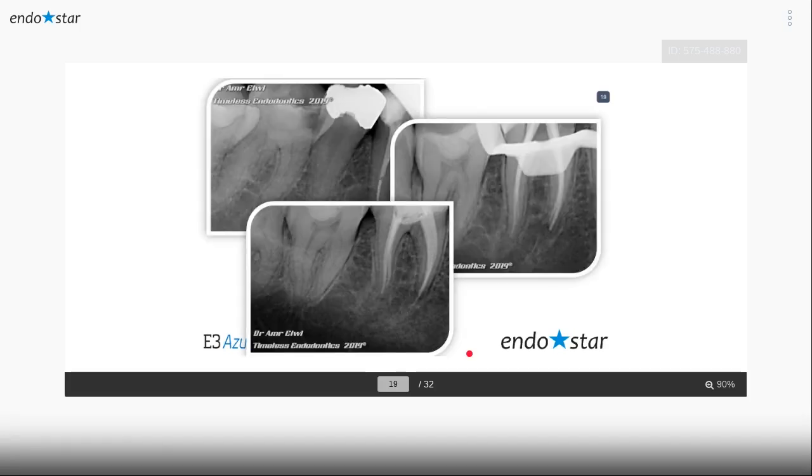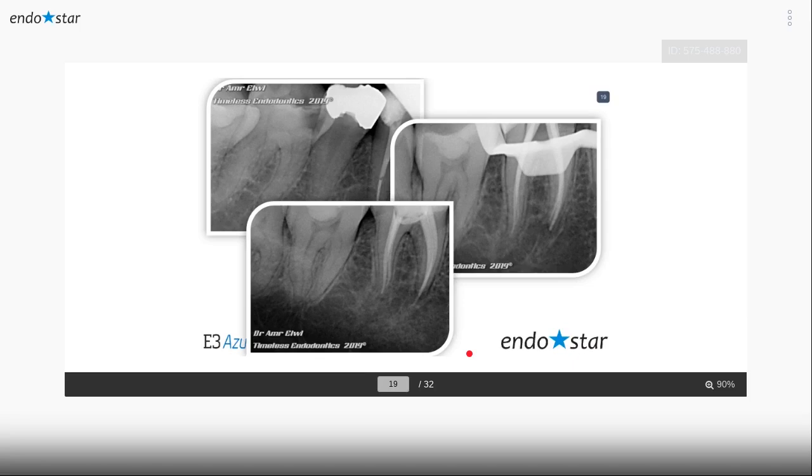I will speak about some cases I started with last year when I started using the E3 Azure. I was a skeptic about using only the Azure standalone in all of my cases. I was afraid to separate a file or to cause any mishaps like a ledge or apical transportation due to the high cutting efficiency of the Azure.